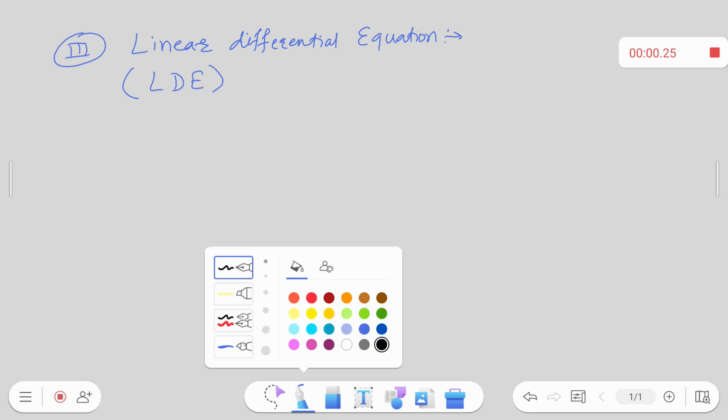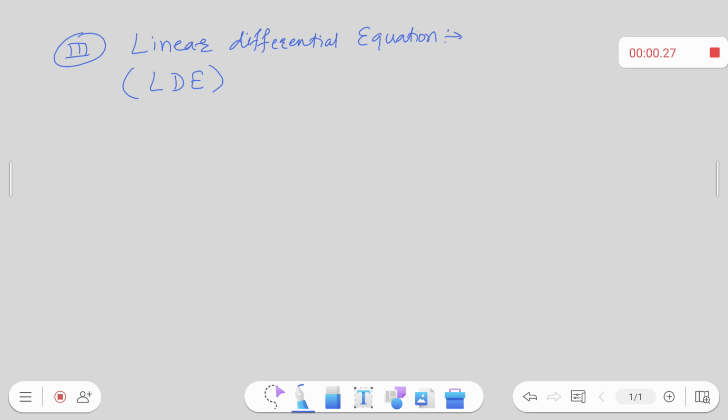Linear differential equation. Let's take the definition of a linear differential equation.